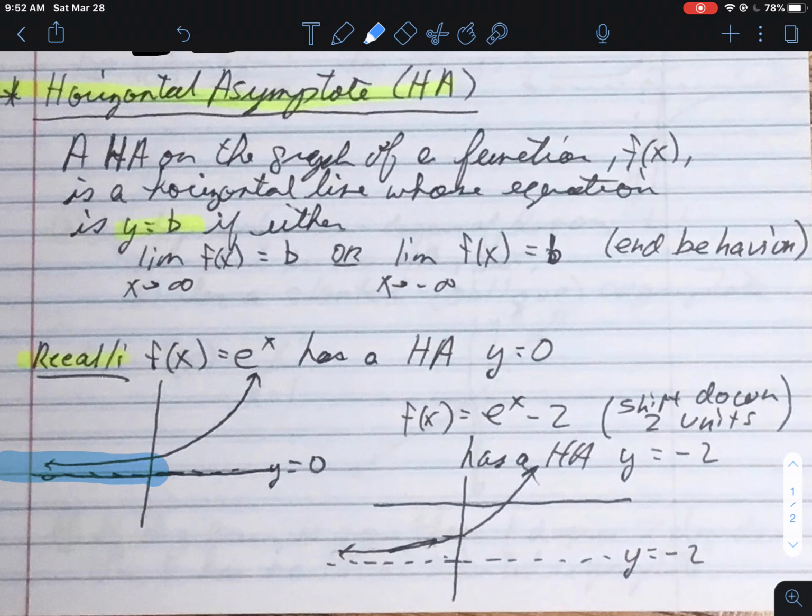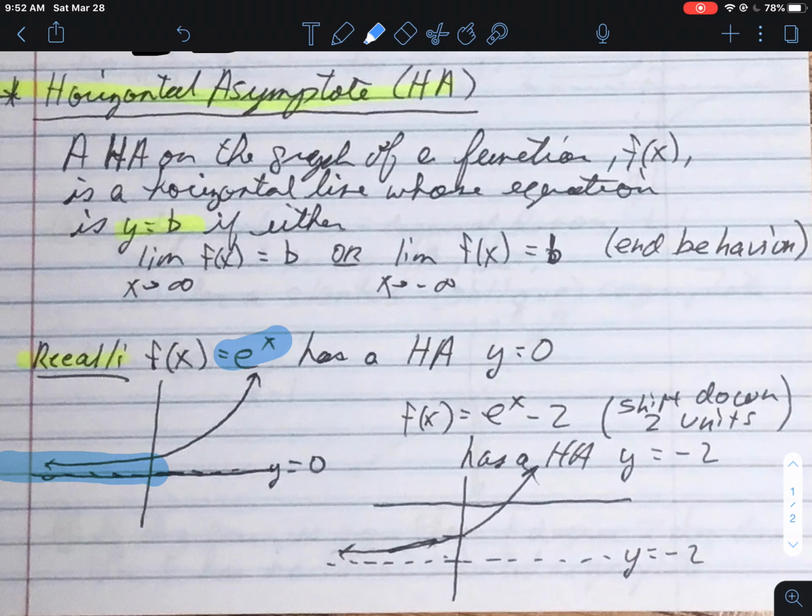We've said on many different occasions that e to the whatever, whatever x happens to be, you take e and raise it to a power. Remember, e is a number. It's a positive number, approximately 2.72. And if I take a positive number and raise it to any exponent, you're always going to get a positive number.